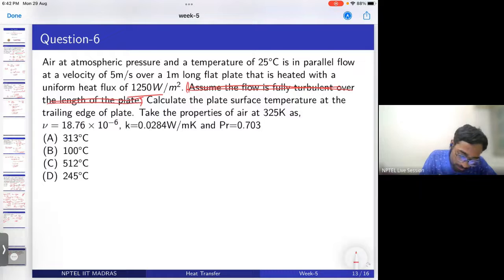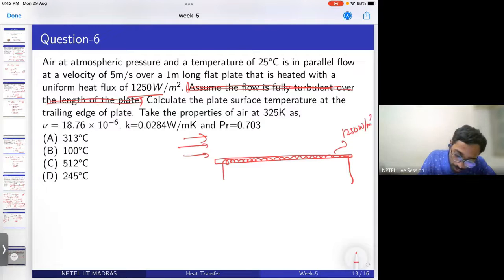So it's like we have a plate. We are heating it using a coil, so that it will produce a heat flux of 1250 watts per meter square over the surface. The air is flowing with a velocity of 5 meters per second at 25 degrees Celsius. Its length is given as 1 meter.